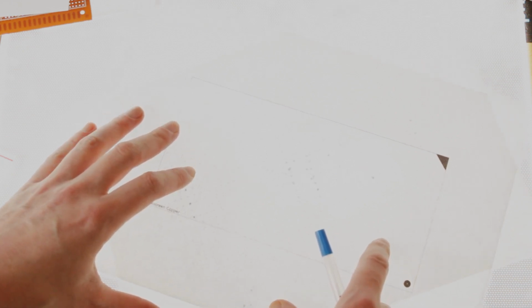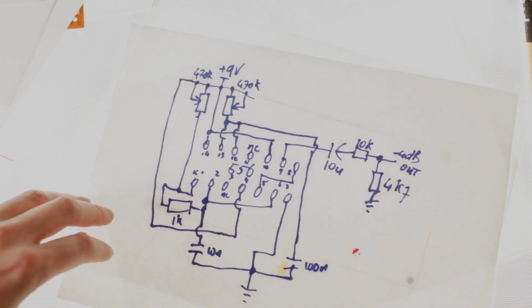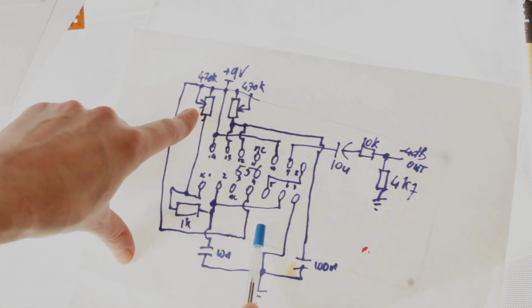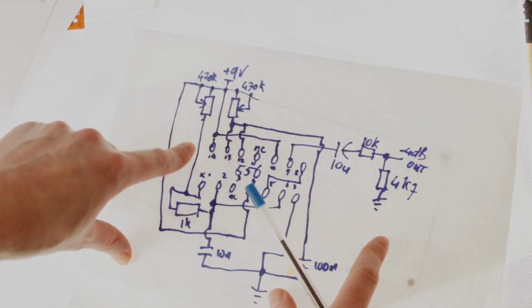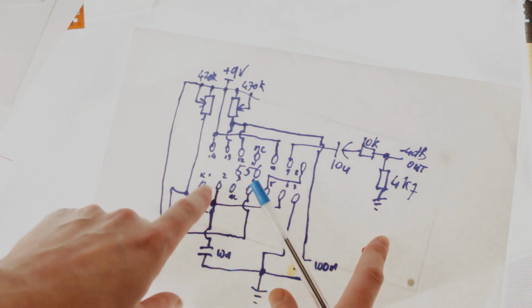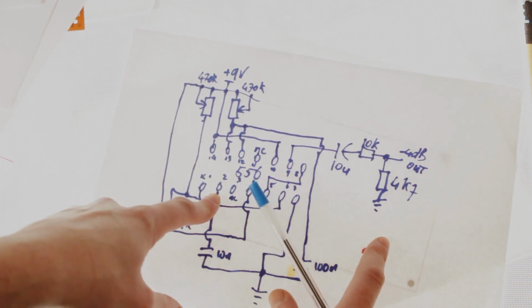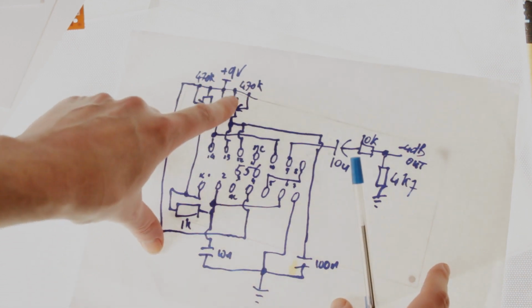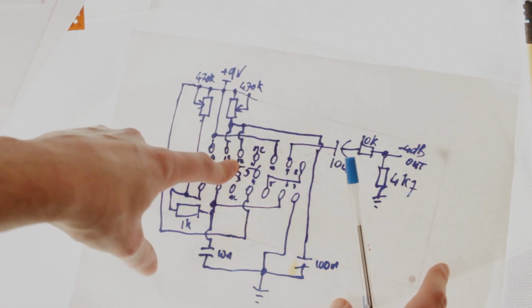And let's see, because if I get my schematic here, one potentiometer is connected to one side of the 556, and the other potentiometer is connected to the other side.